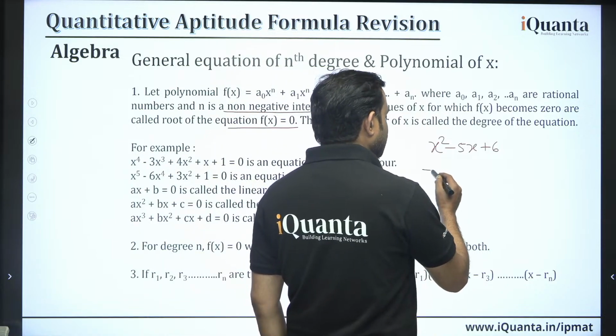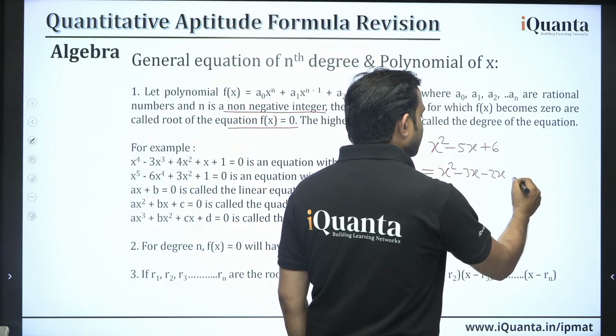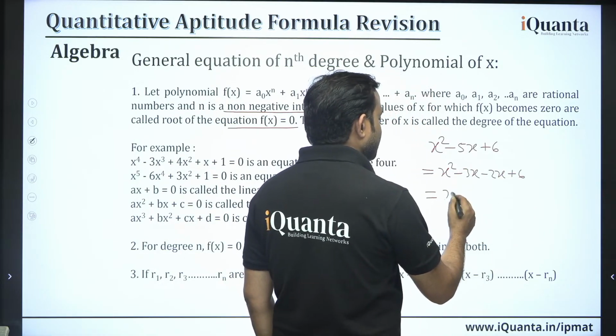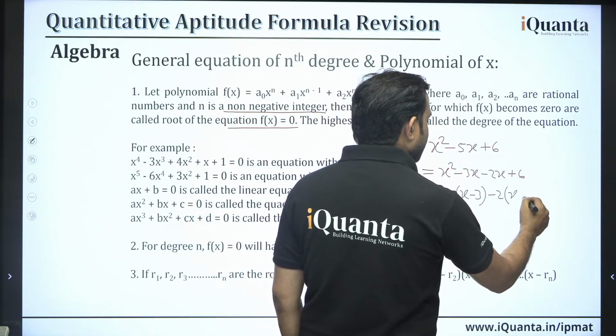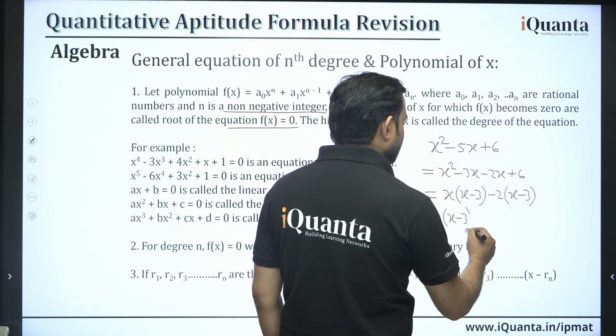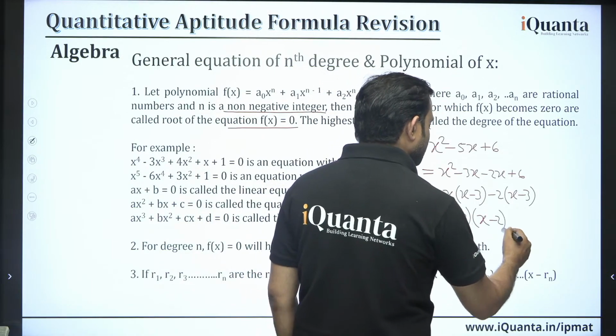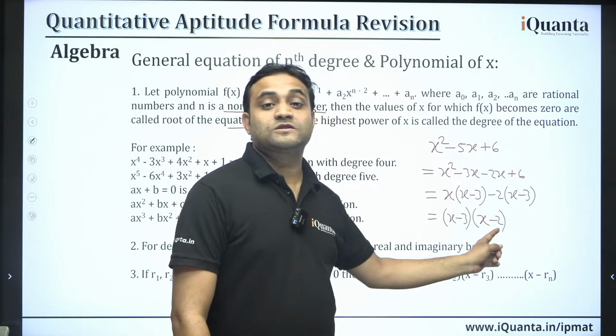Now if you expand it, you write it x square minus 3x minus 2x plus 6, which I can write, if I take x common, x minus 3 minus 2 common, x minus 3, then this will be equal to x minus 3 common, then we get x minus 2. Now think about this. If I put x is equal to 3 here, this whole expression will become 0.